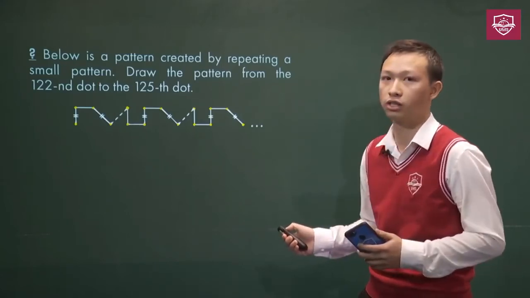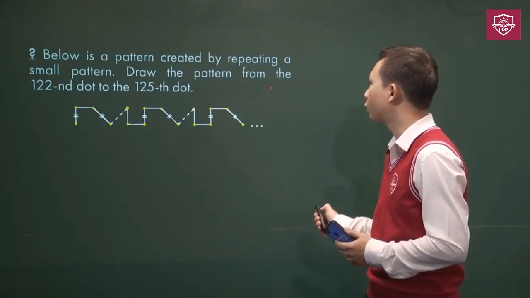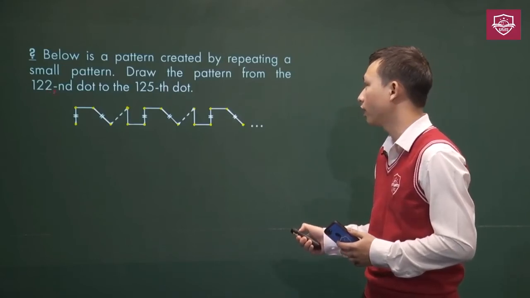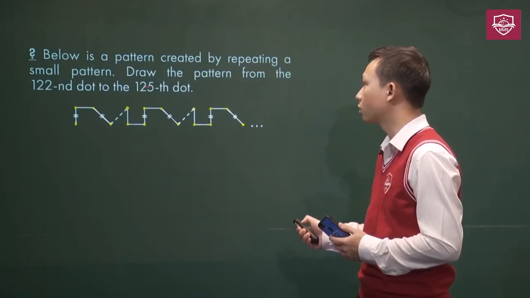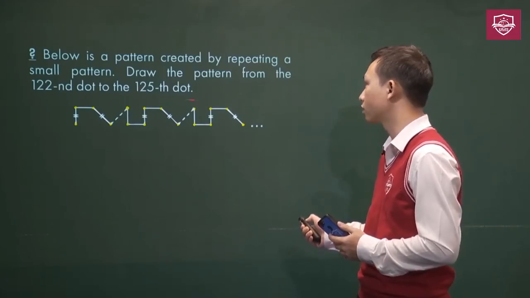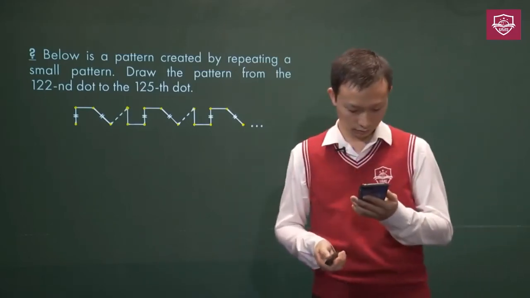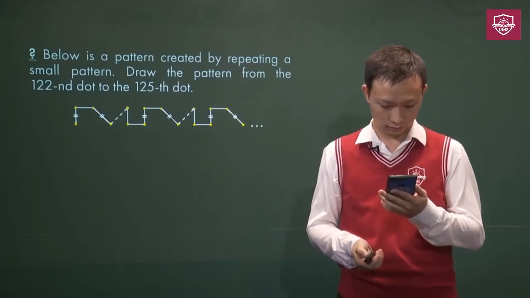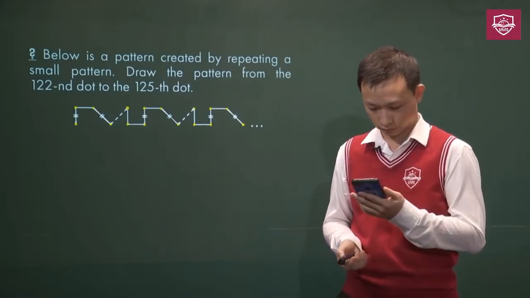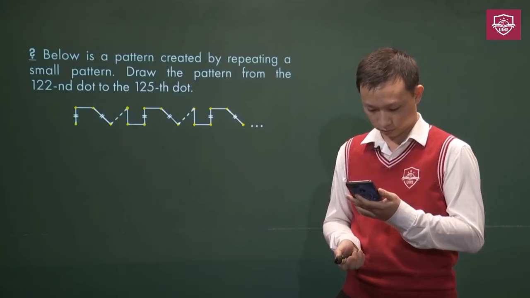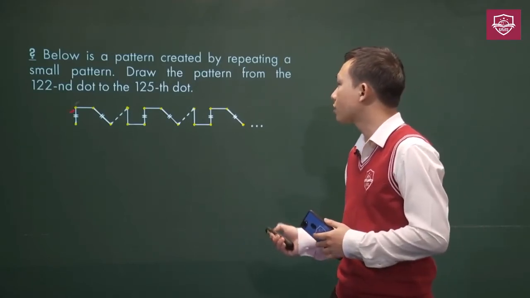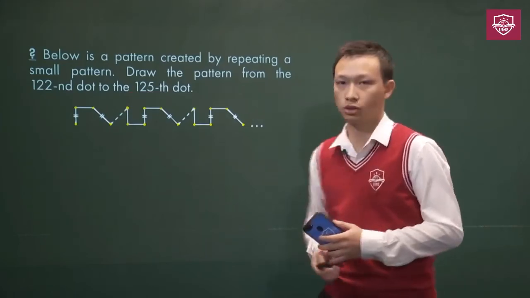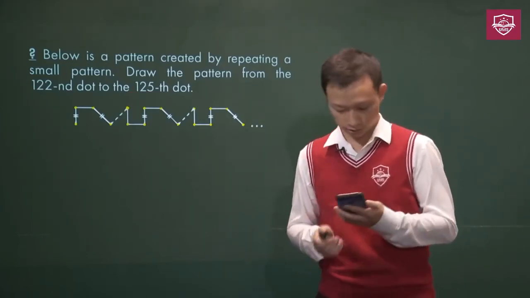We don't know this pattern yet. Draw the pattern from the 122nd dot to the 125th dot. Okay, this question takes some time, so I will give you 1 to 2 minutes to think about it.